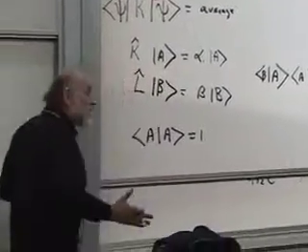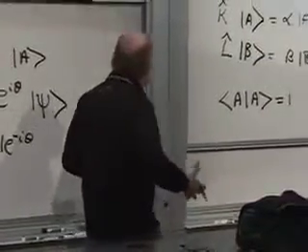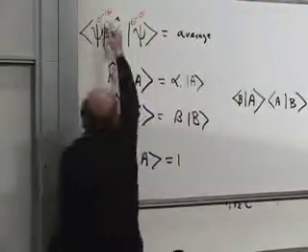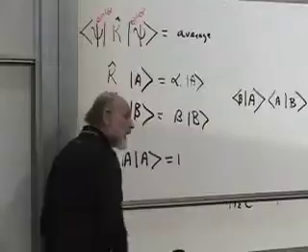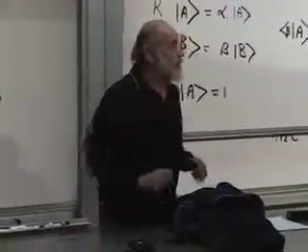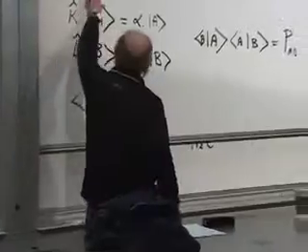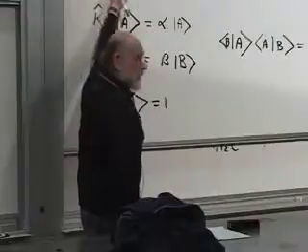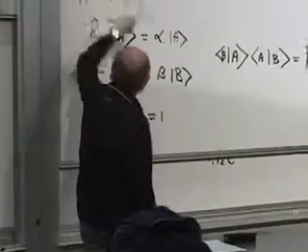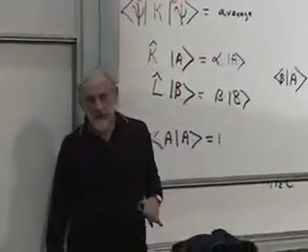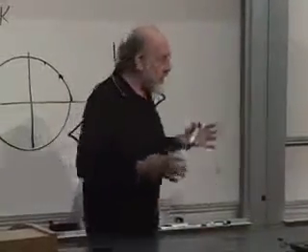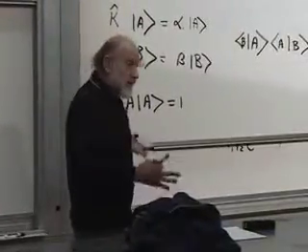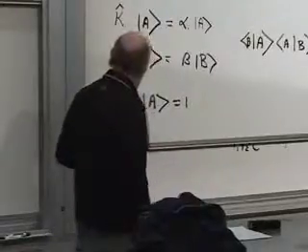Now remembering that e to the i theta is just a number, it's not an interesting operator of any kind, e to the i theta times e to the minus i theta is just 1, and this would just cancel out of the expression. So there would be no change in the expectation value of any operator if we replaced any vector, the vector which happens to describe the system in particular, by multiplying it by a phase. So in that sense, the phase is irrelevant. We can choose the overall phase of the state any way we like. It doesn't make any difference to what we would measure.